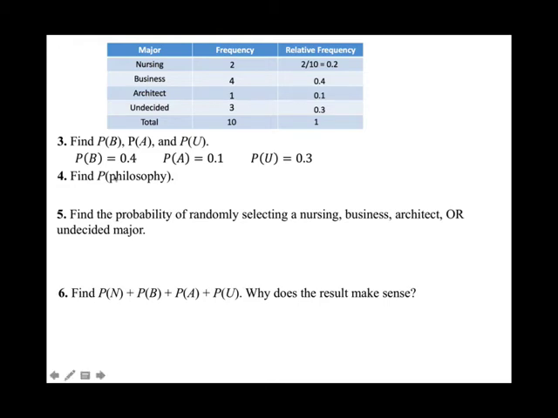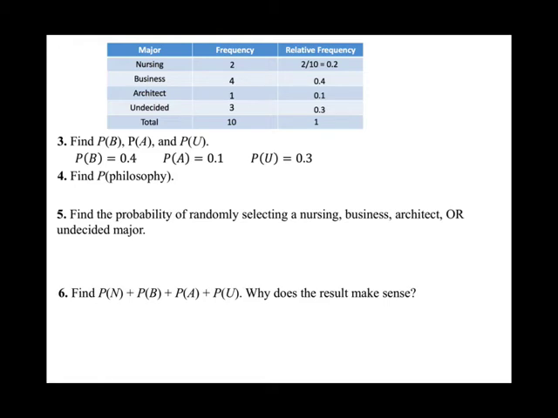Okay, number 4. Find the probability of a student majoring in philosophy. Okay, so look here. Any students major in philosophy? No, right? I only have 10 students here and no one is majoring in philosophy.